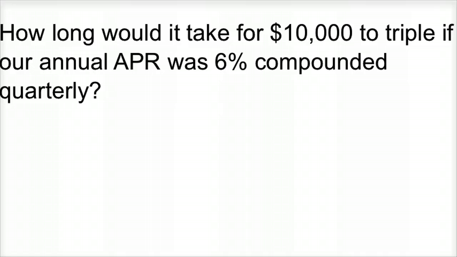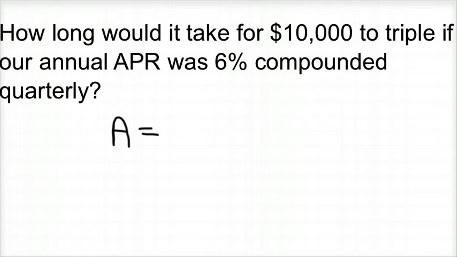If you watch some of my other videos on how to derive the compound interest formula, I've got several videos on this, but the formula for compound interest is something like this.